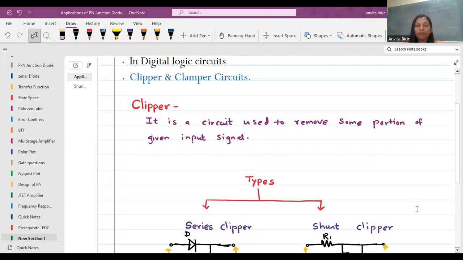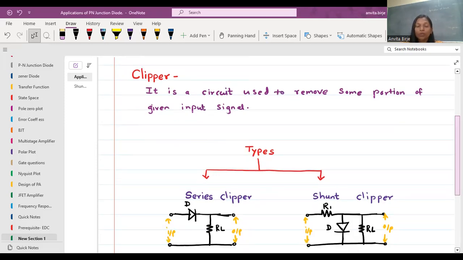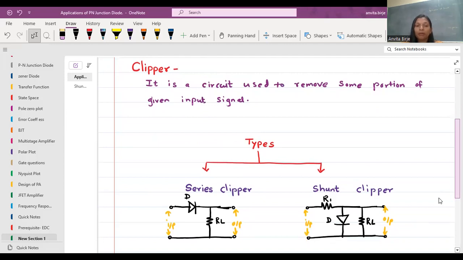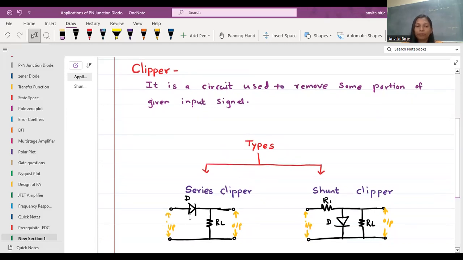There are two types of clipper circuit. One is the series clipper and the other one is the shunt clipper. This classification is based on how we are connecting the diode with the load. There are two main components in the clipper circuit: one is the diode and the other is the load resistor.